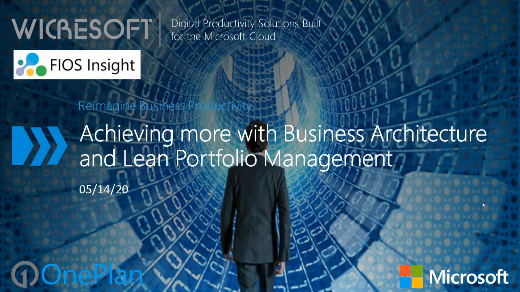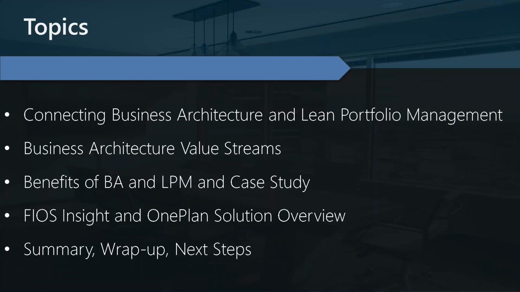Thanks, Doug, and thanks everyone for joining us for this month's webinar on lean portfolio management and business architecture. We have a lot to cover today, so I'm just going to get right down to it. What we want to do is basically show the underpinnings of lean portfolio management from a business architecture prism, and there's a couple of very strong points of connection that we want to demonstrate and talk about.